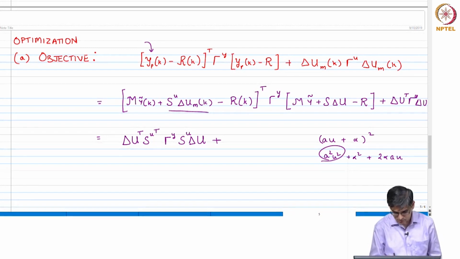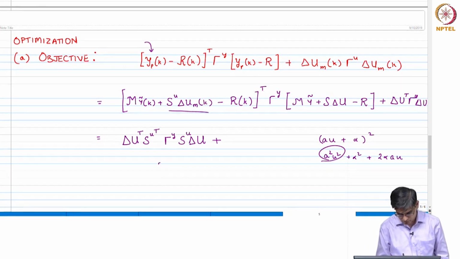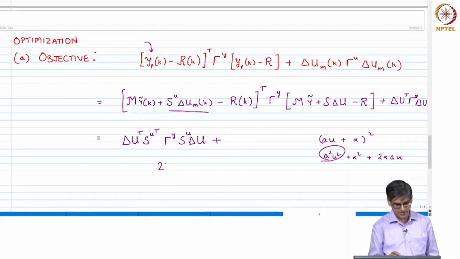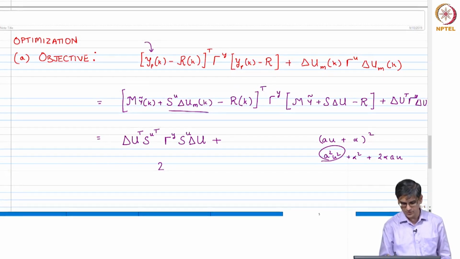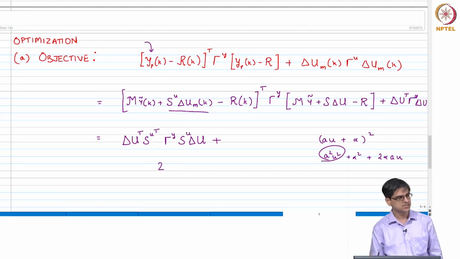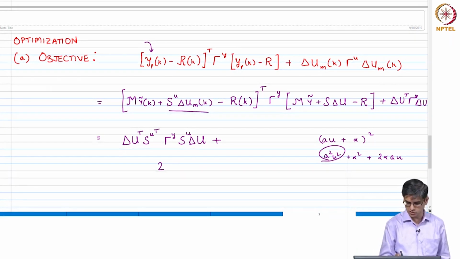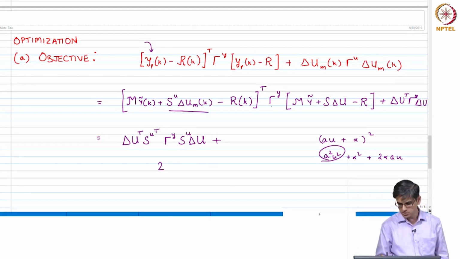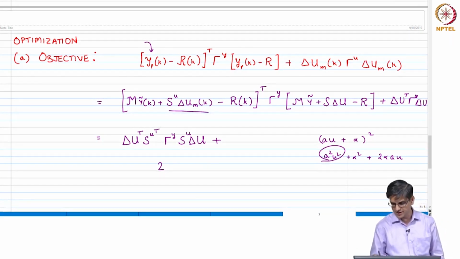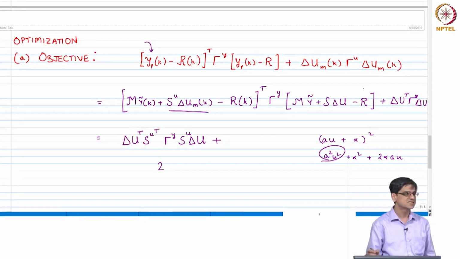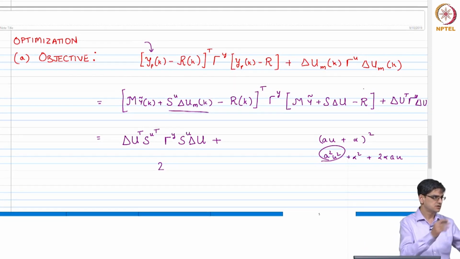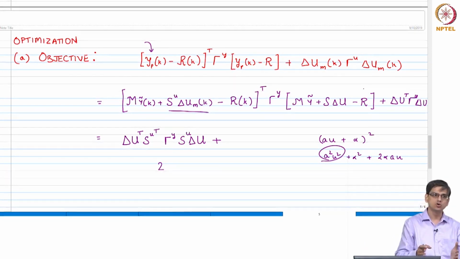Plus 2 multiplied by, you will have m y tilde minus r transpose multiplied by gamma y multiplied by S delta u. The other term is going to be delta u transpose S transpose gamma multiplied by m y tilde minus r. Because they are scalars, A transpose B is equal to B transpose A. Why?